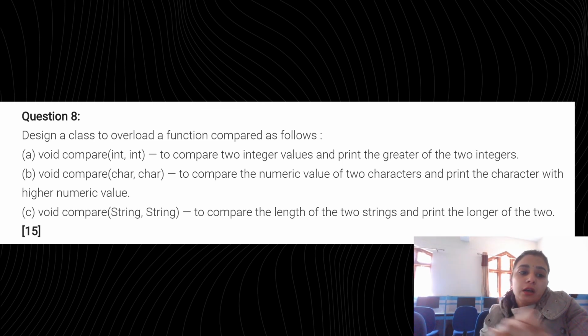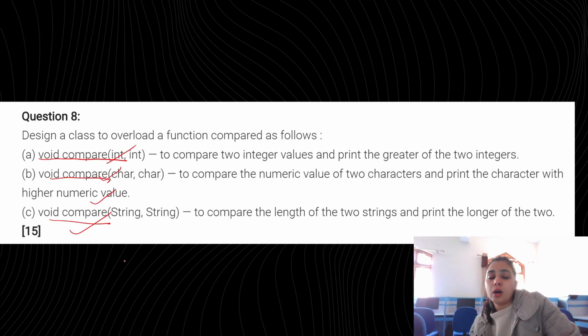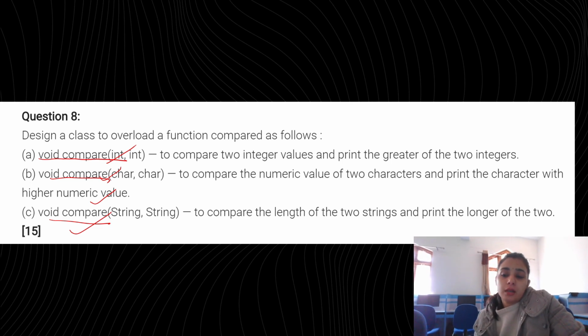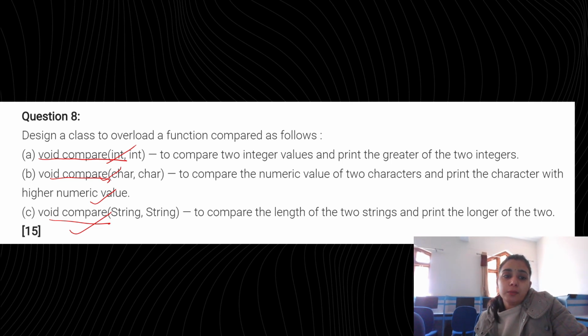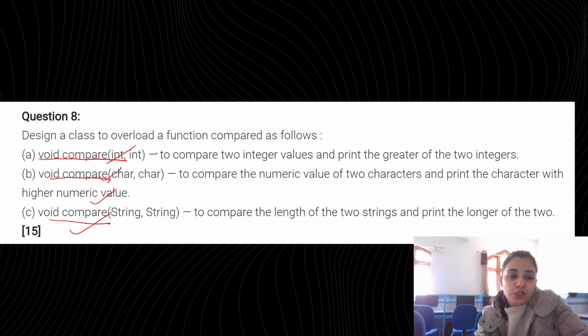So this is about function overloading. That is very, very important. I'm just explaining how to do that. You do this at home, and you can put it in the comment section. I will check it.